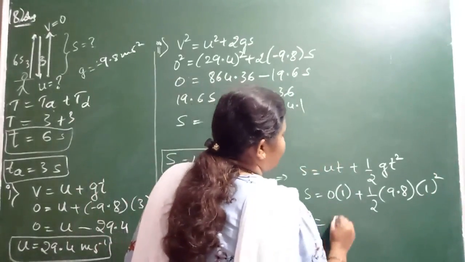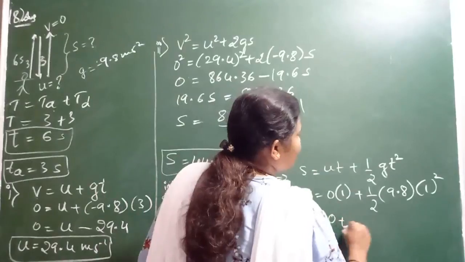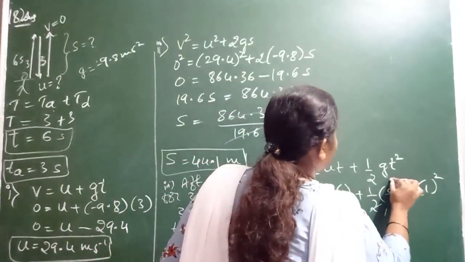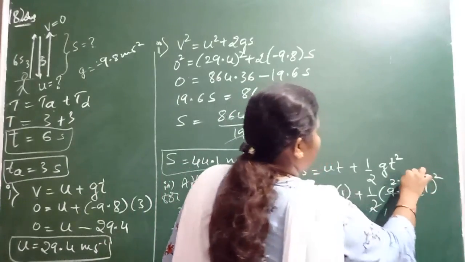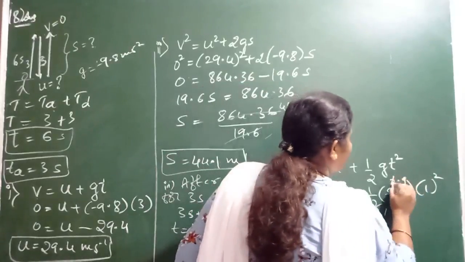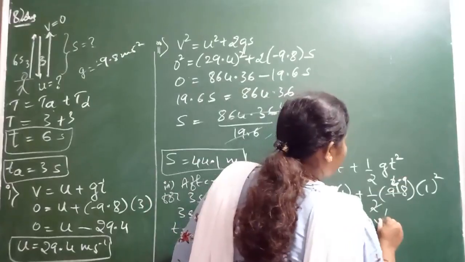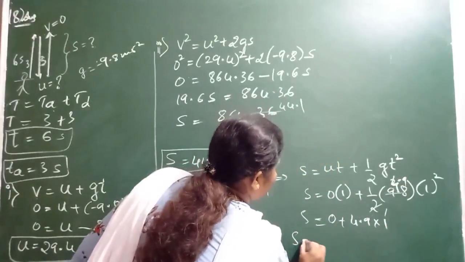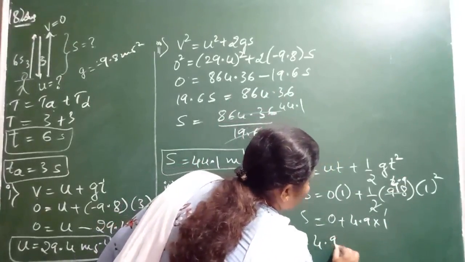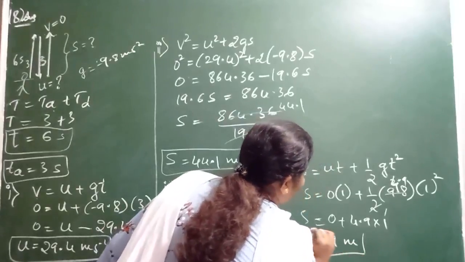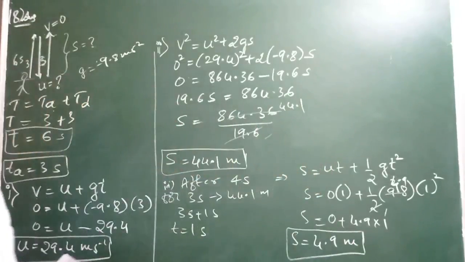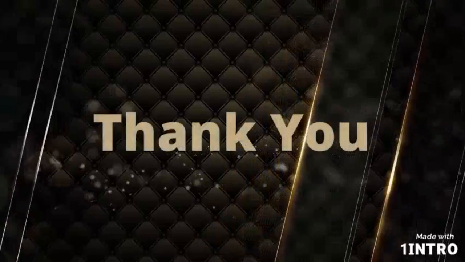So S equals 0 plus 4.9 into 1. So what is its position, children? 4.9 meter. Is it clear, children?